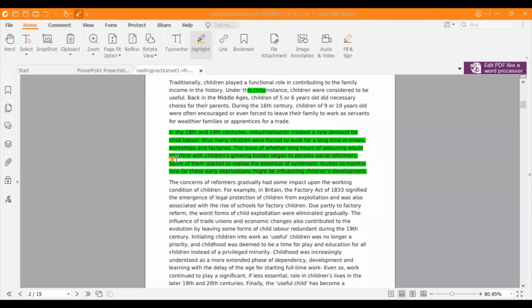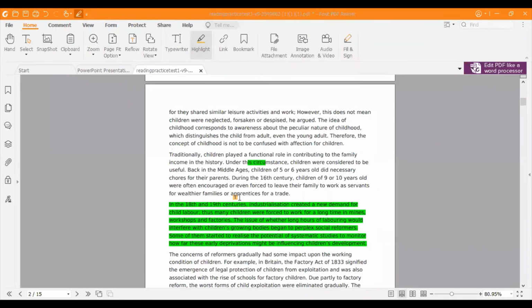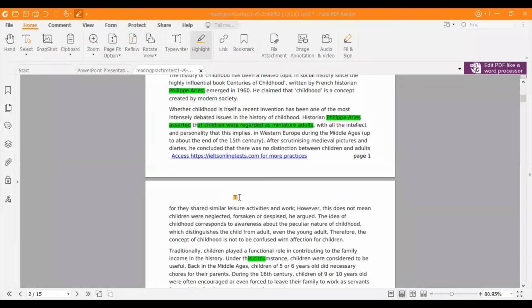Growing body began to perplex, for example, social reformers, like the scientists. The same. So that's why this is true, and Farah was correct regarding this. So this one is true because it is in other words. Excessive work surely affects the health and the physical bodies of the children. Of course, there is no problem, I could say not given, but we told you this question type, true false not given, is somewhat tricky, because it deals with meanings, not with words. But in many texts and many types, it will be much easier than this.